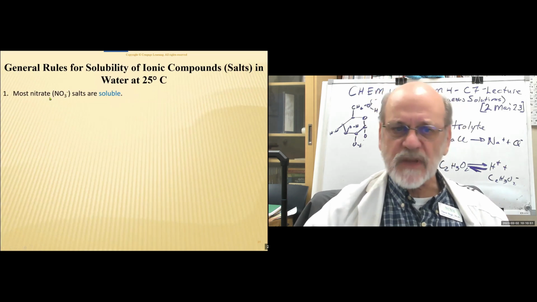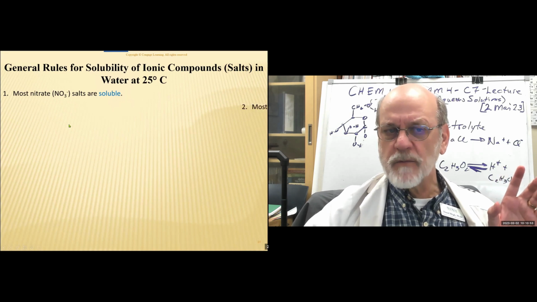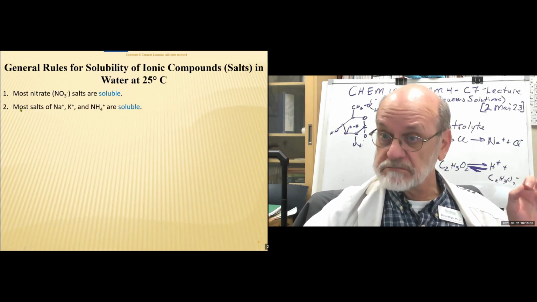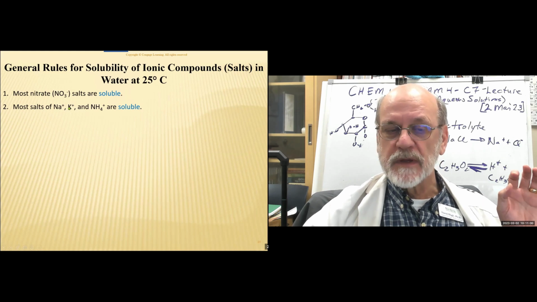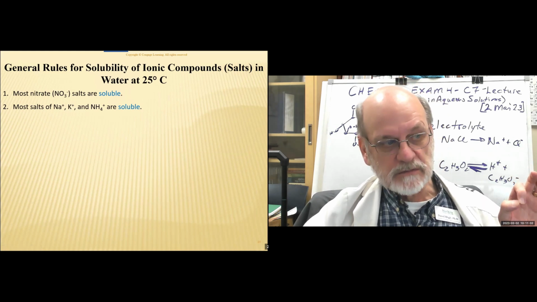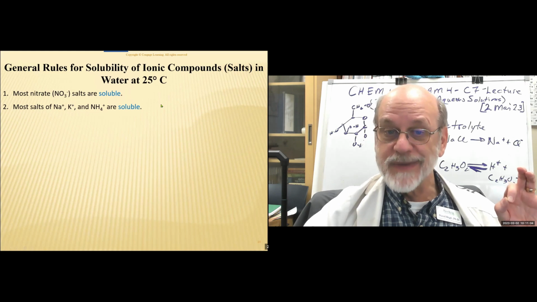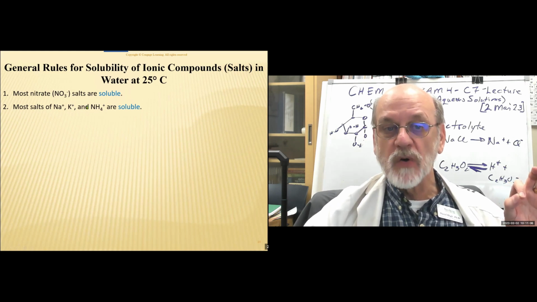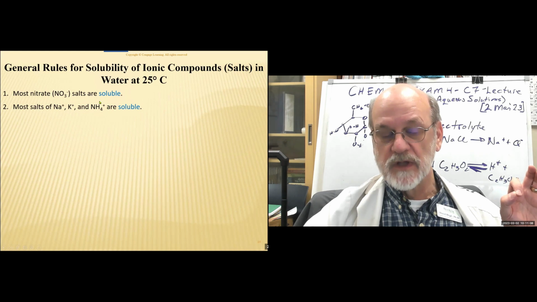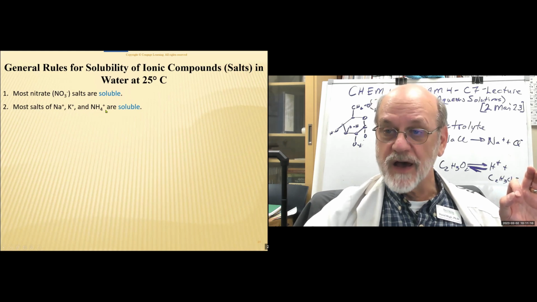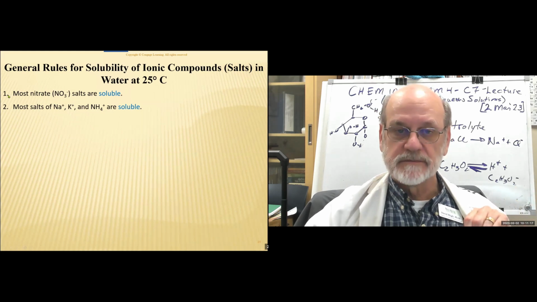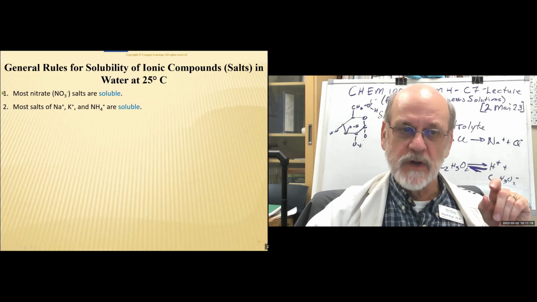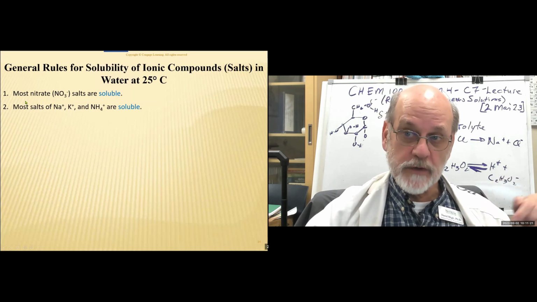All right. So these are the rules. We said earlier, all nitrates are soluble. That's true. All salts of sodium and potassium are soluble. Those are alkali metals. And all ammonium salts are soluble. So this polyatomic ion associated with any other anion will be soluble. Now notice we're ordering them 1, 2, 3, 4, 5.